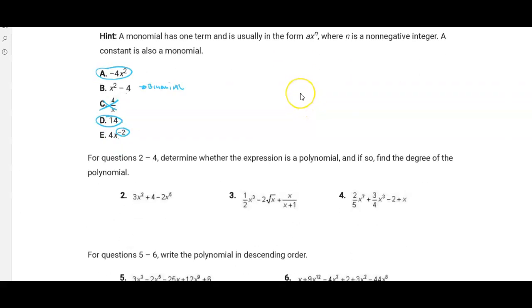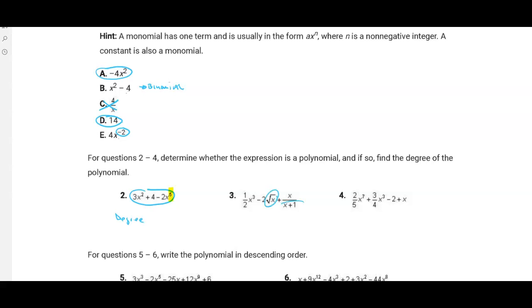So when I look at the next few, right, determine whether the expression is a polynomial, and if so, find the degree of the polynomial. When I look at this, right, this is a polynomial, the highest exponent. So I have 2, constant, 5. So this is a degree 5 polynomial.